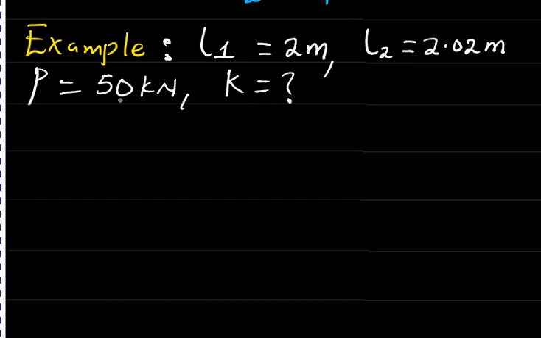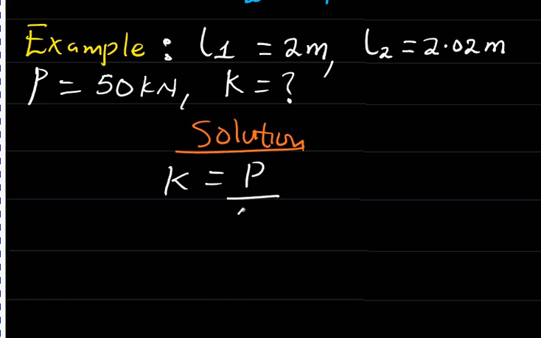From what we already have, the elastic constant is equal to the pulling force divided by delta L, which is L2 minus L1.